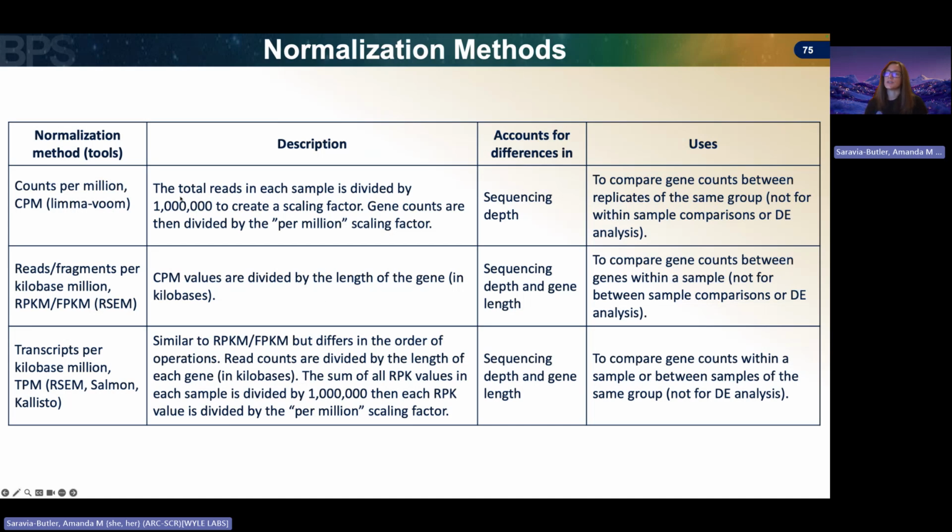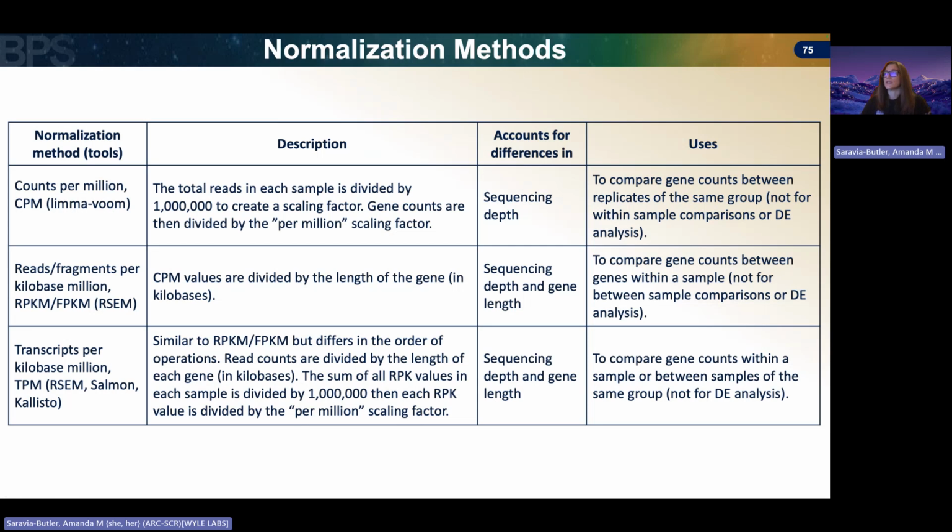So whereas here you're doing that per million scaling factor first and then dividing by the length of the gene, in TPM, you're going to divide by the length of the gene first, all of your counts, and then you're going to sum all of those RPK values in each sample, divide them by 1,000,000 to create your scaling factor, and then each RPK value, which is your gene length normalized count value, is going to be divided by that per million scaling factor.